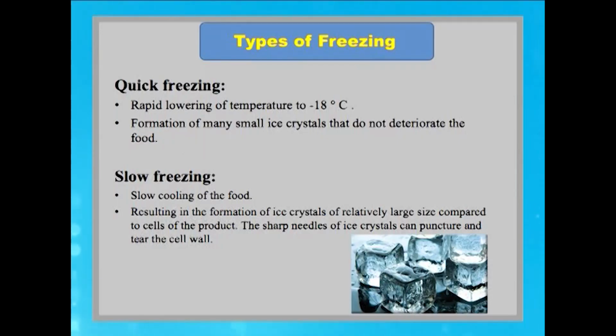However, in the case of slow cooling, which is practiced in our refrigerators, the food item is slowly subjected to the low temperature. As a result, there is formation of large ice crystals which ultimately puncture the cells and therefore deterioration of the food item takes place.